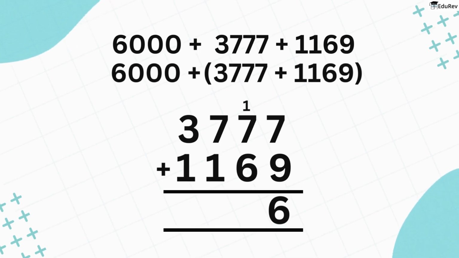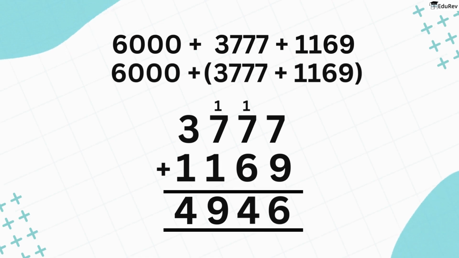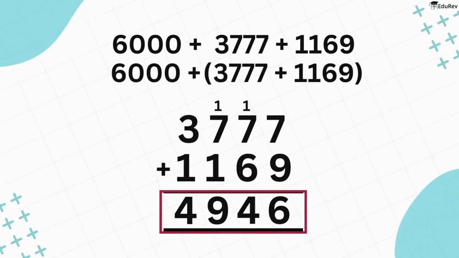The answer is 14. We write 4 and carry 1 over. Then in the 100's column, we add 7, 1 and carried over 1, we get 9. Finally, we add 3 and 1 and we get the answer 4. The final answer is 4946.